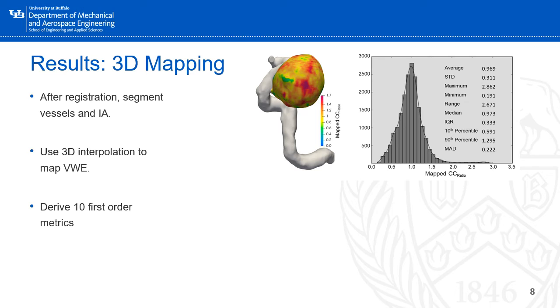So following this, we used a 3D mapping tool to map the vessel wall enhancement intensity onto the aneurysm sac as shown in the figure over here, and we plot a histogram and define 10 different first order metrics as listed over here.